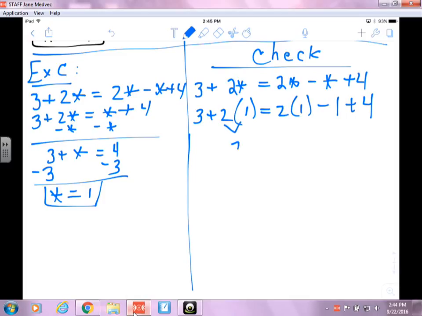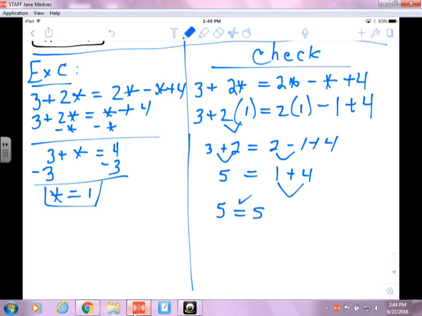Very good. 2 times 1 is 2. So this is just like what we've done before. Okay, don't go ahead to the app yet. I've got one more thing I want to show you. So 5 equals 5, that's a check, right?